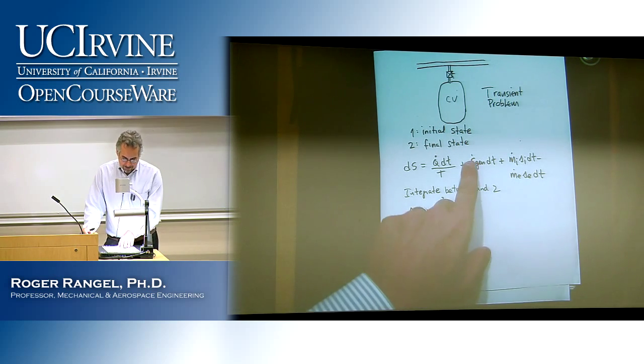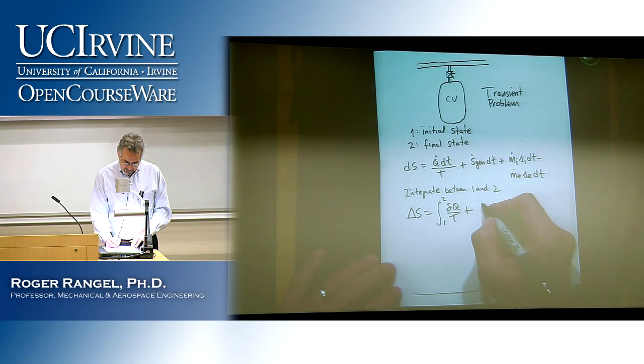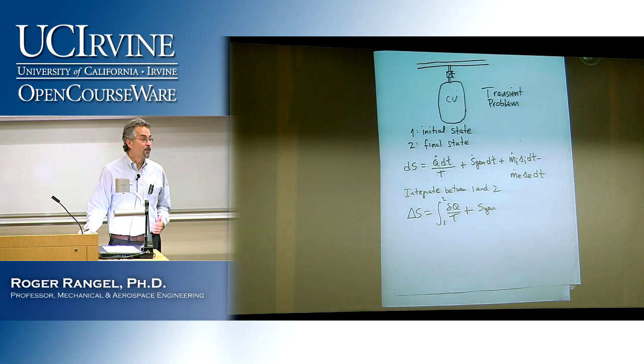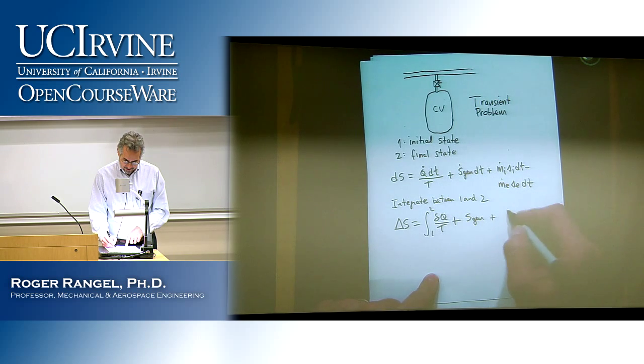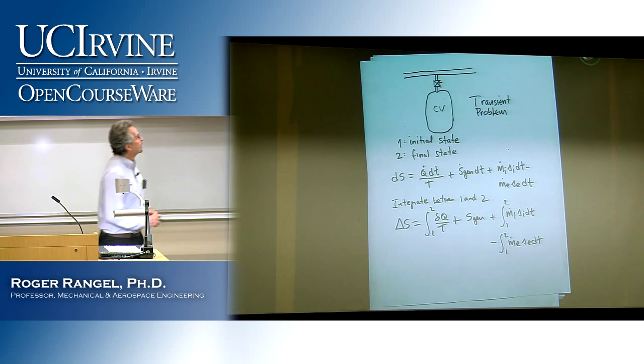And the integral of s generation dot dt from 1 to 2 gives me the total entropy generation between 1 and 2. That's what I had before. But now these terms become the integral from 1 to 2 of m dot i s_i dt minus the integral from 1 to 2 of m dot e s_e dt. So these are the new terms.